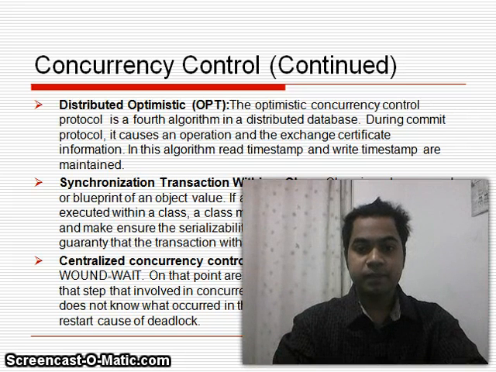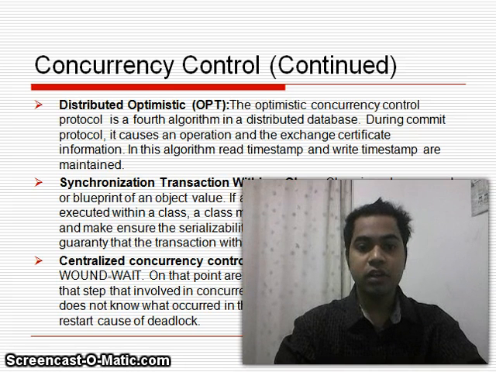Distributed optimistic. The optimistic concurrency control protocol is the fourth algorithm in a distributed database. During the commit protocol, it causes an operation and the exchange of certificate information. In this algorithm, read timestamp and write timestamp are maintained.